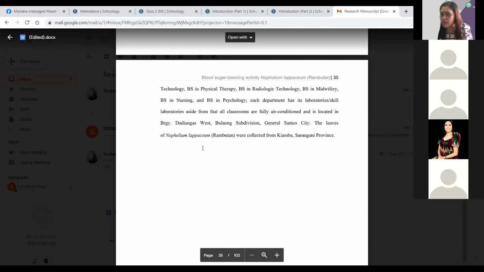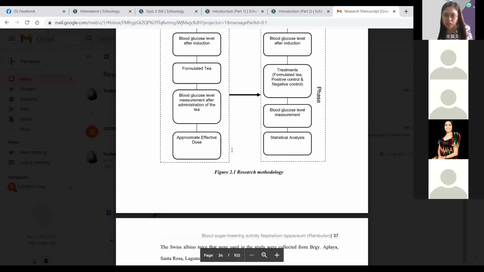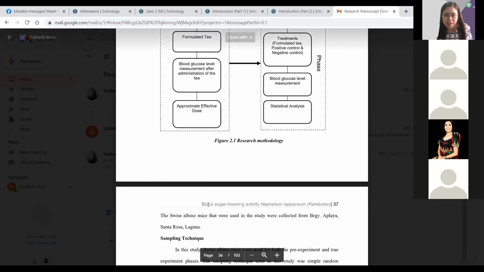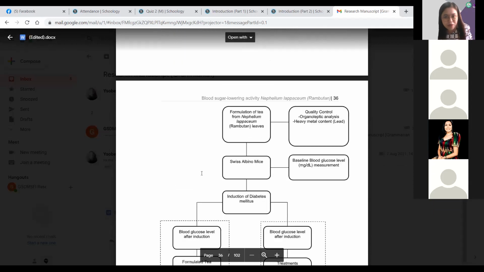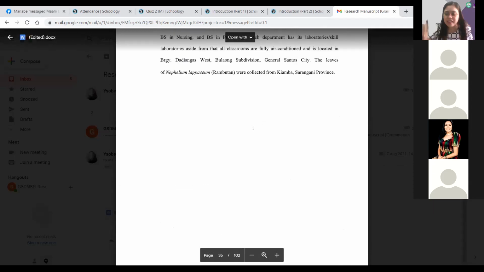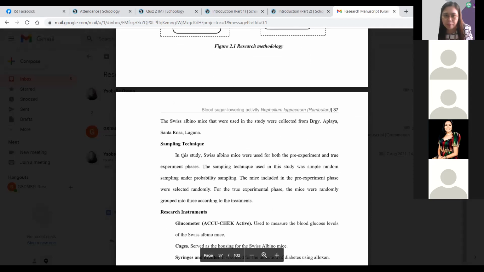Naalang niya siya sila'y hanging page which is supposedly not. Dapat dili na siya. Dapat kani siyang Swiss albino mice. Diri pa ni siya, naguba lang ni ilahang format. But since naa sila animals aside from their plant material, kung asa nila gikuha ilahang animals, included na siya sa research locale.